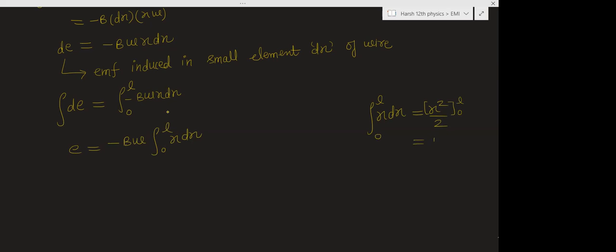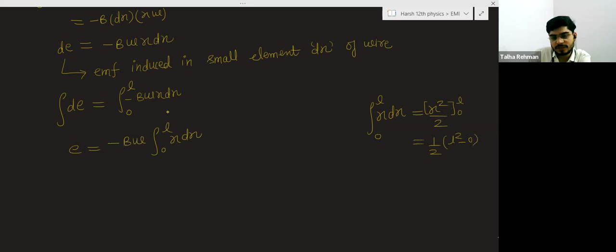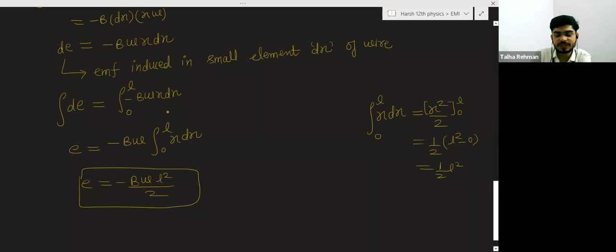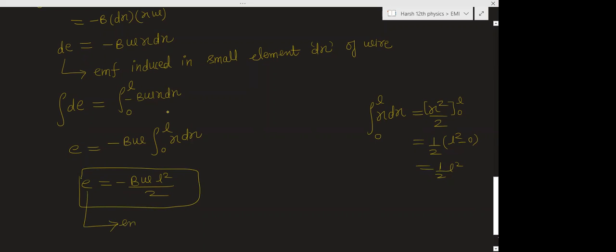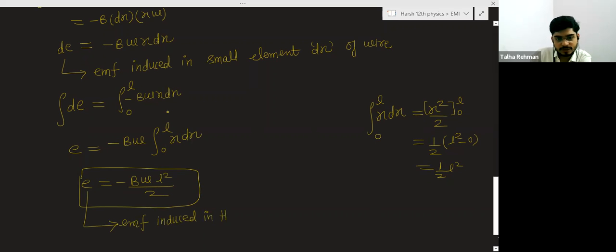It becomes half of L square minus 0, which is half of L square. Putting this value here, we get minus B omega L square divided by 2. This is the EMF induced in the conductor.